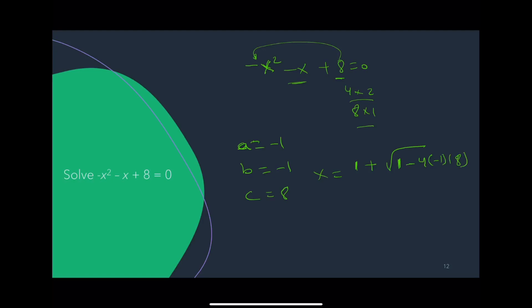And then the whole thing is divided by 2 multiplied by minus 1, that is minus 2. This is one possibility. The other possibility is x equals 1, and then here we're going to put minus, and then minus 2, and the whole thing 1 minus 4, minus 1, 8.